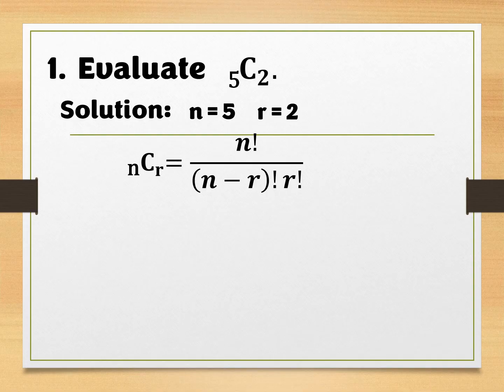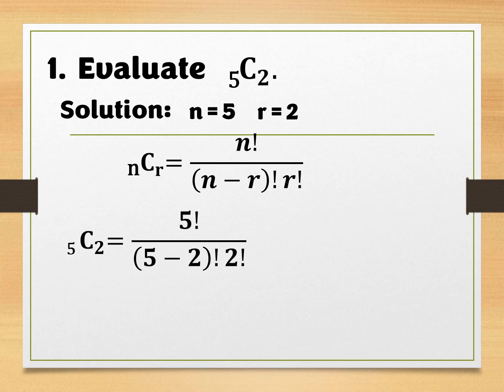And then next, we're going to substitute the value of n and r in the formula. So we have the combination of 5 objects taken 2 at a time is equal to 5 factorial all over the quantity of 5 minus 2 factorial times 2 factorial.